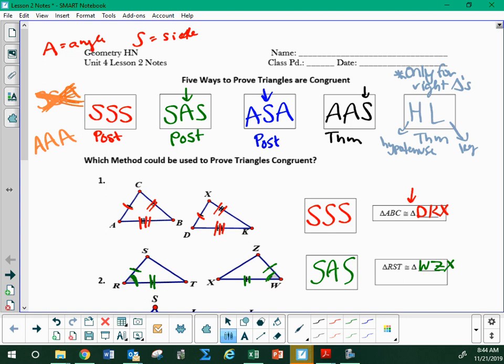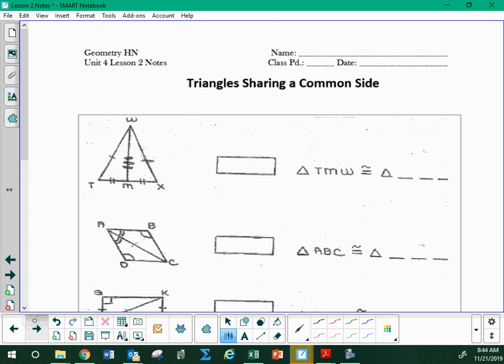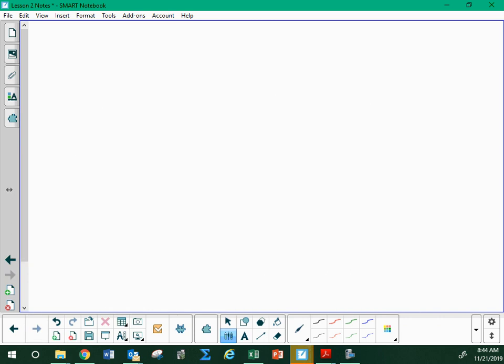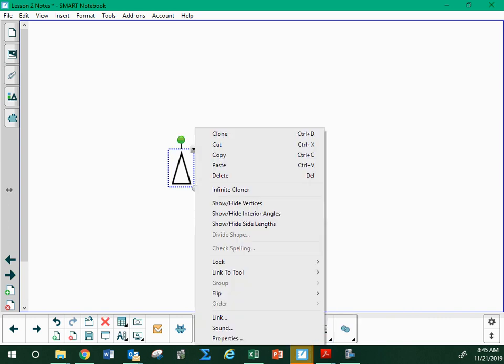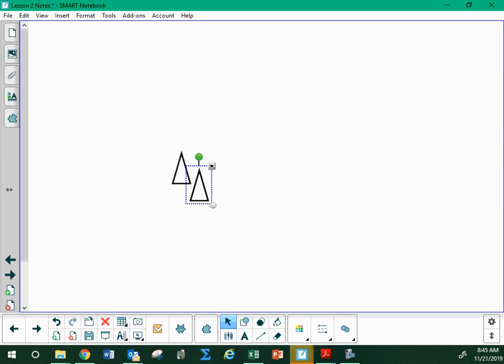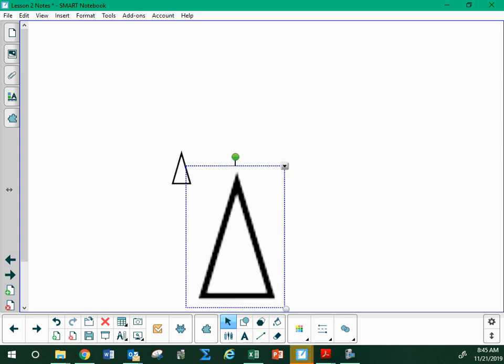Let's see if I can use my big smart board here. Okay, so here's a triangle, and if I clone this, I have the exact same triangle, those would be congruent. But all I need is for the angles to remain the same.